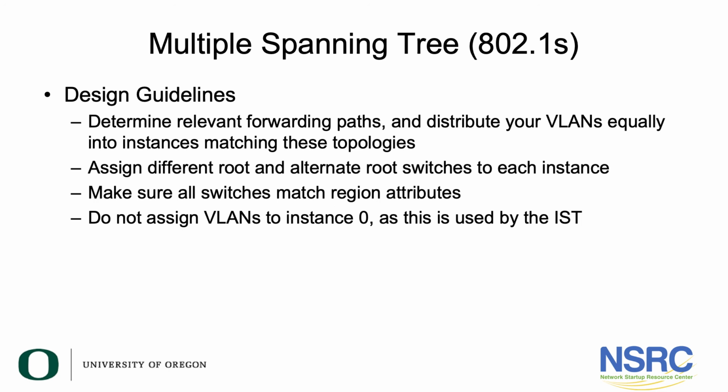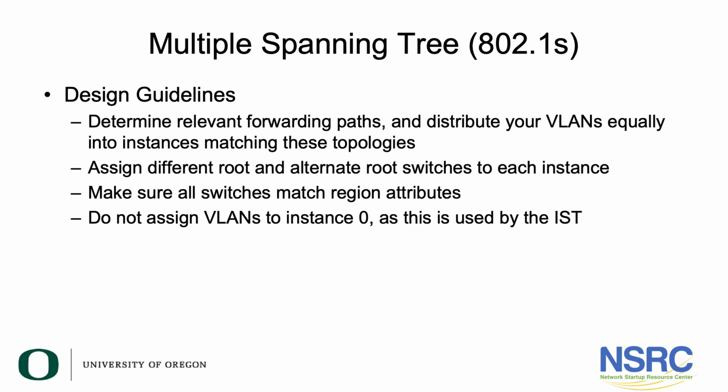And then you have to make sure that within a region, all switches match the region attributes. Again, it's more likely that you'll have just one region. Now, the IST, the internal spanning tree, carries all VLANs which are not mapped onto specific instances. So do not assign VLANs to instance 0.